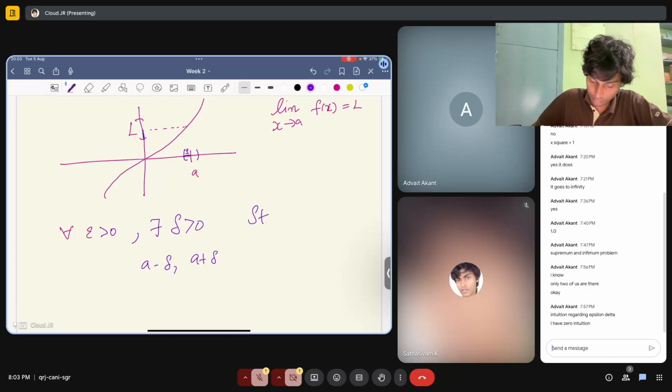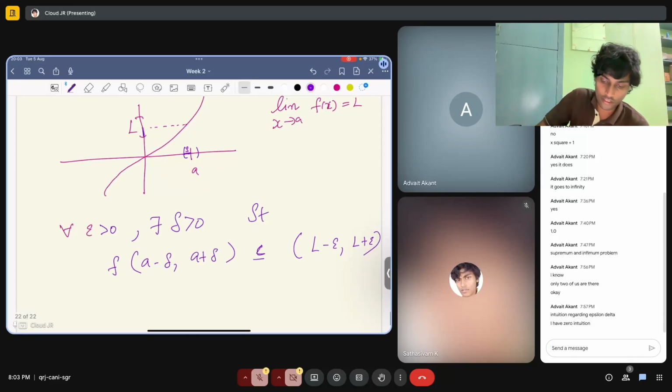Okay, if you look at this neighborhood, the f of this neighborhood is contained in (L minus epsilon, L plus epsilon). So that is what I am telling.